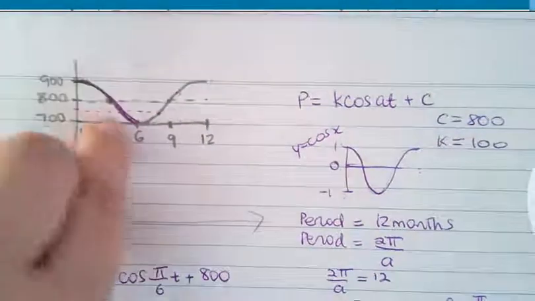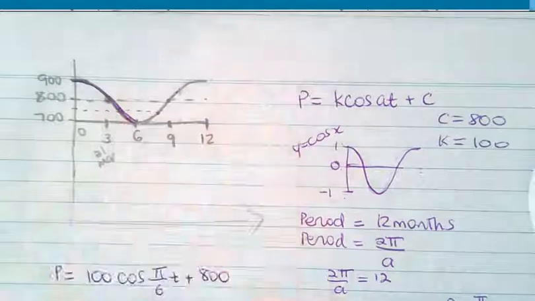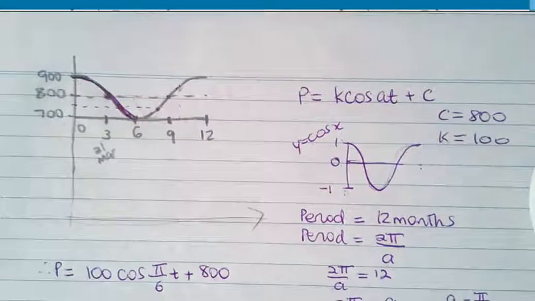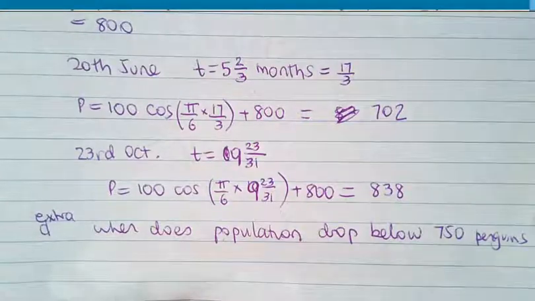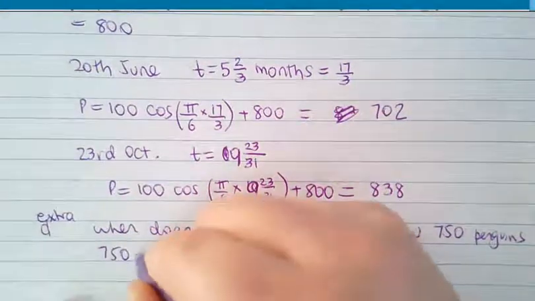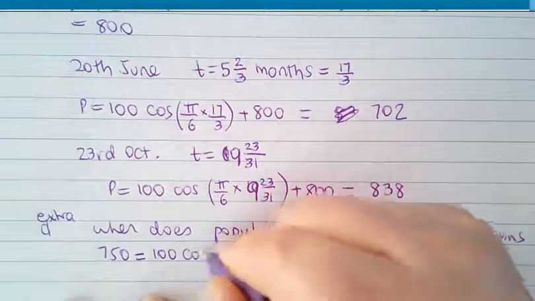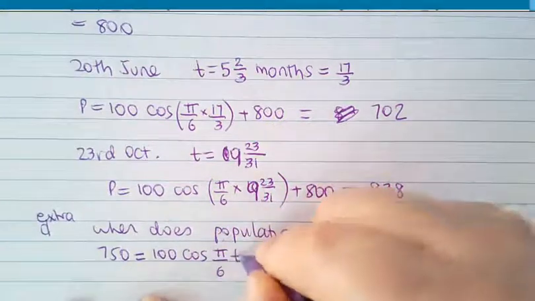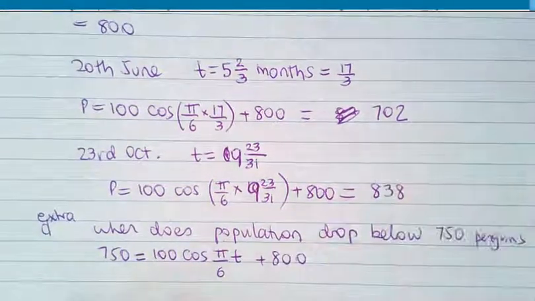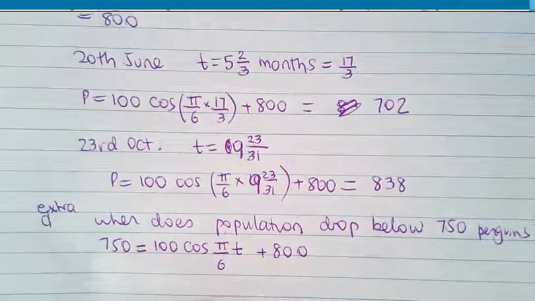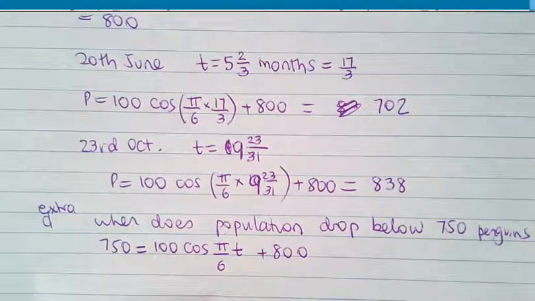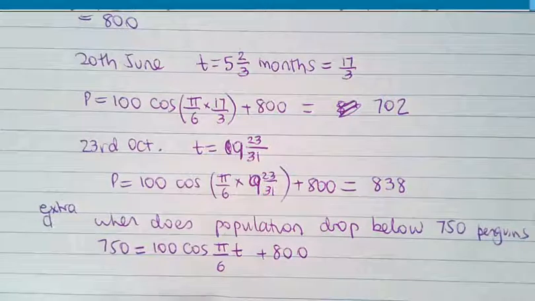Quadrant 1, quadrant 2, quadrant 3, quadrant 4. We've got a bit of time, we're going to do it. Below 750 penguins, you would solve 750 equals 100 cos pi on 6t plus 800. We're just doing this to practice solving. When does the population drop below that?